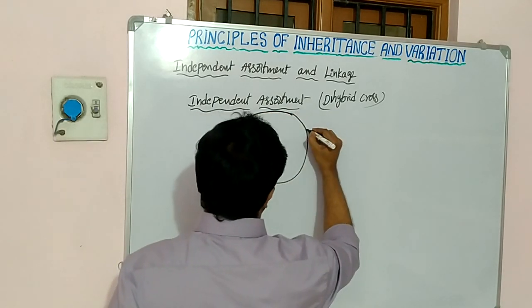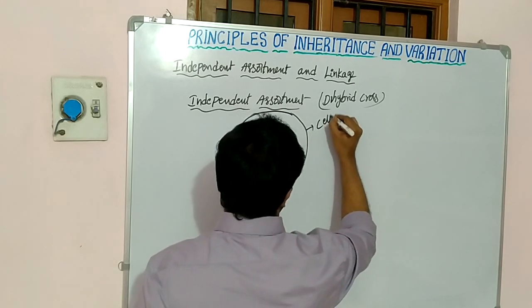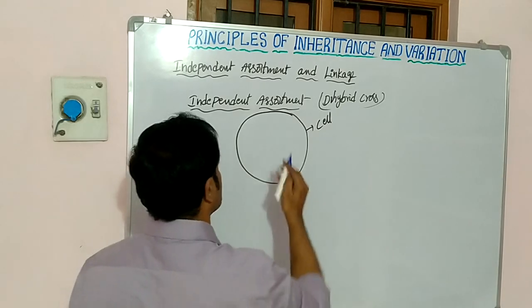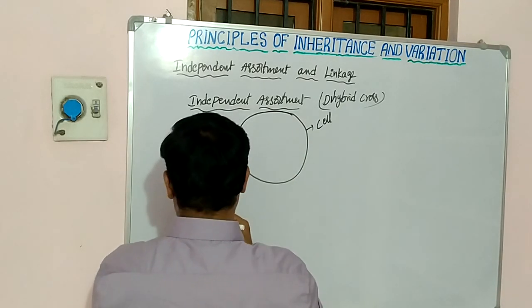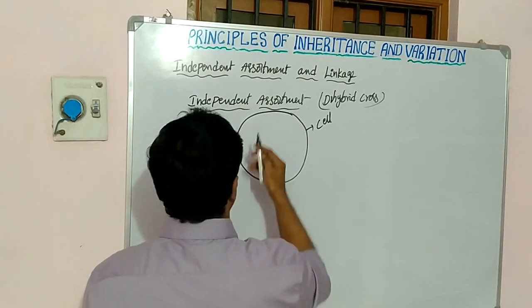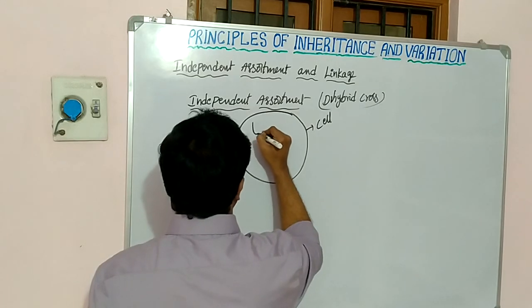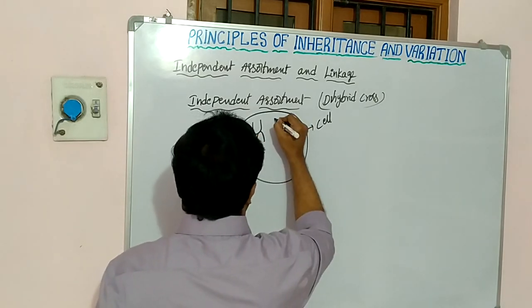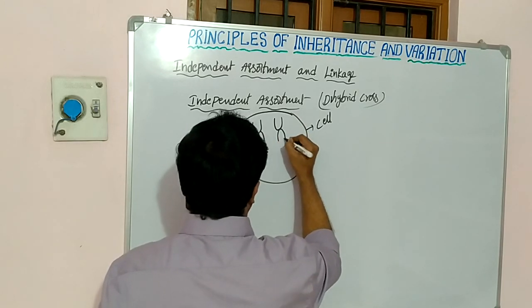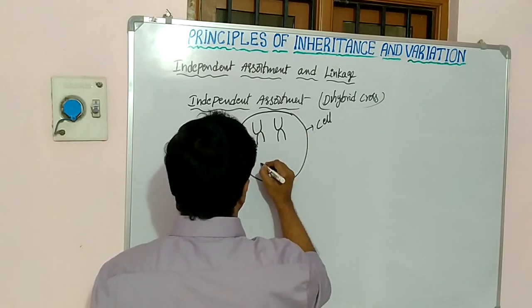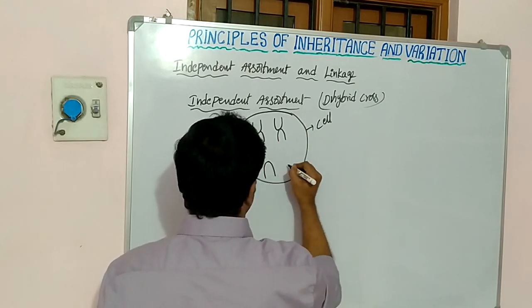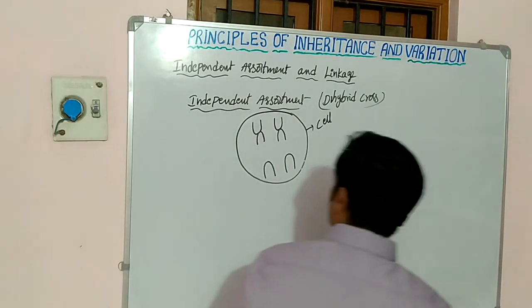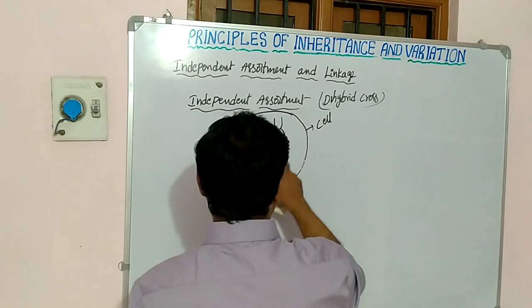Now I am going to take one cell here. Suppose this is one cell. The cell consists of chromosomes here. I will use a different color here.